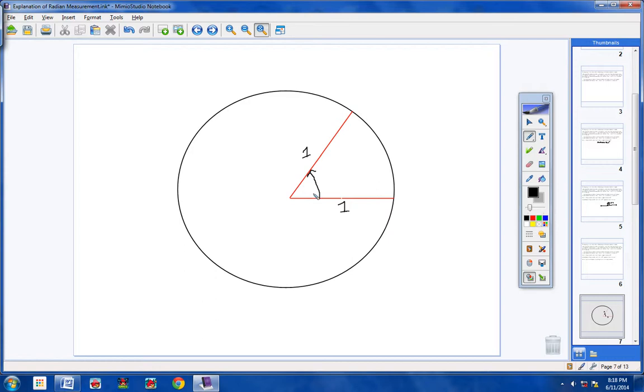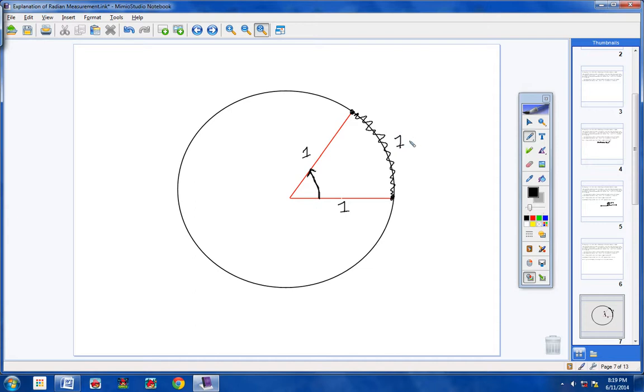Now, what we've done is we've opened this angle up in such a way that the arc length on the circle right here also has a length of 1. That's very important. So what we have done is we have drawn an angle inside of a circle in such a way that we have a circle with a radius of 1, and the angle opening right here is opened in such a way that it intercepts an arc right here that also has a measurement of 1.